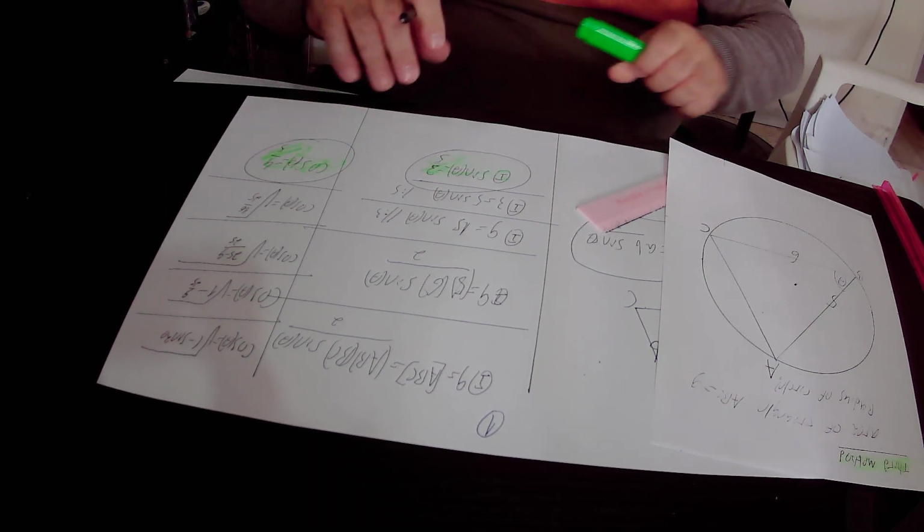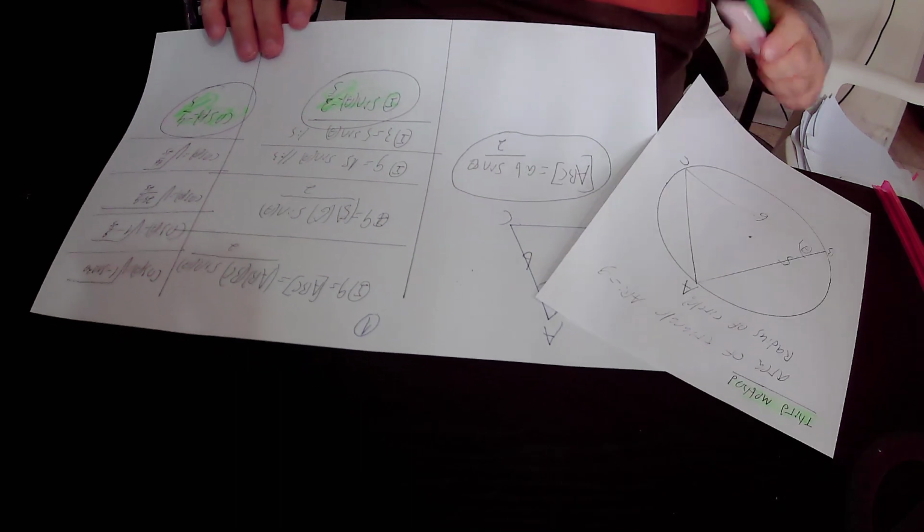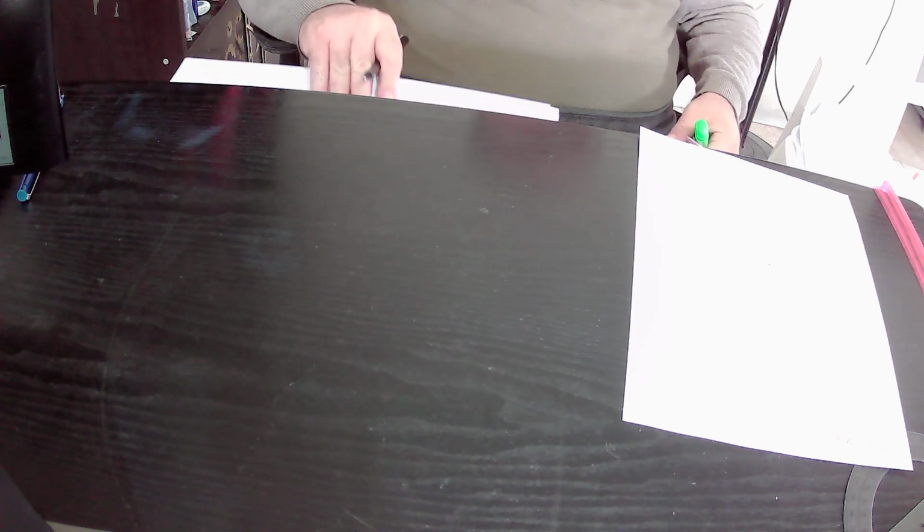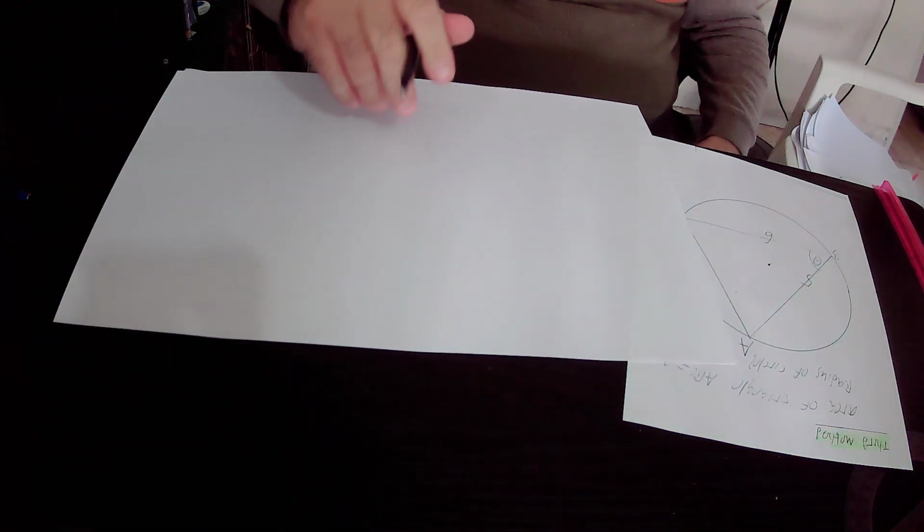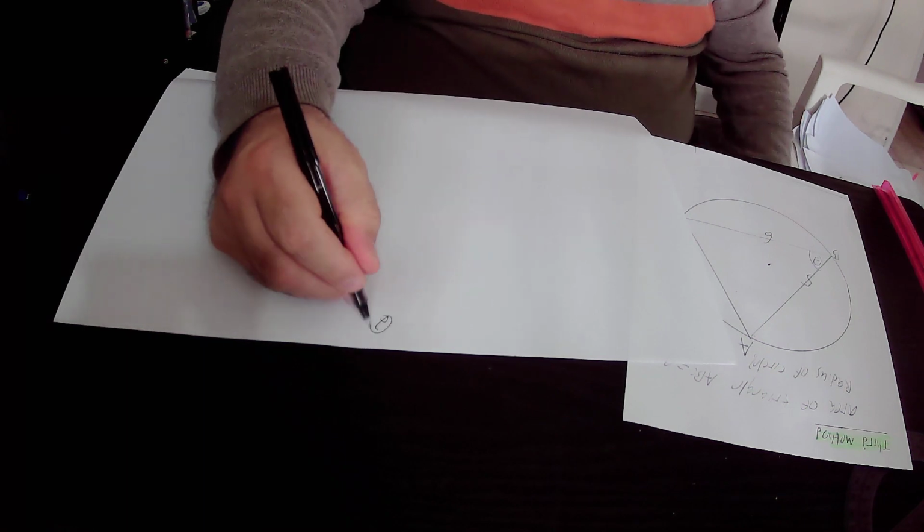So in the next step, we will implement the law of cosines in our triangle ABC. So I'll repeat shortly the law of cosines. The law of cosines is true in any triangle.